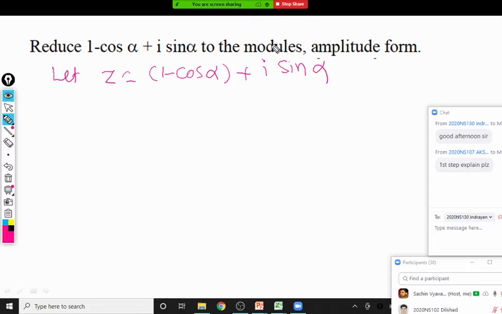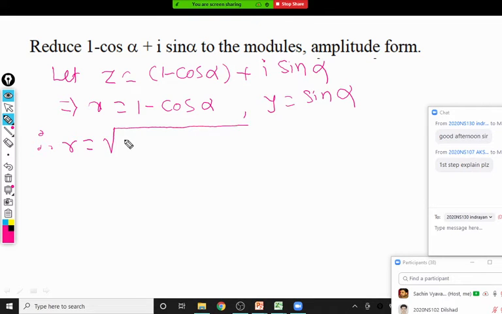This gives us the values for x and y. So x is 1 minus cos alpha and y is sin alpha. Therefore, first we find r, which is the root of x square plus y square. So x square is 1 minus cos alpha bracket square plus y square is sin square alpha.